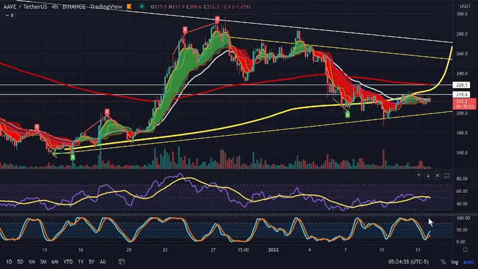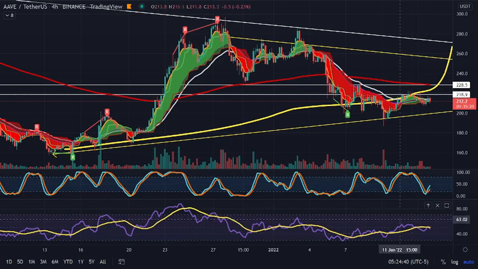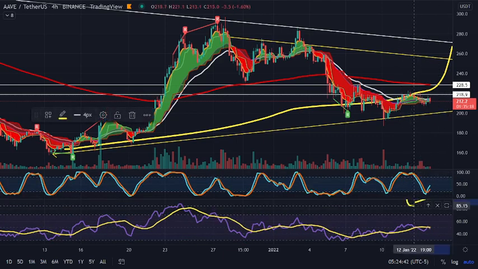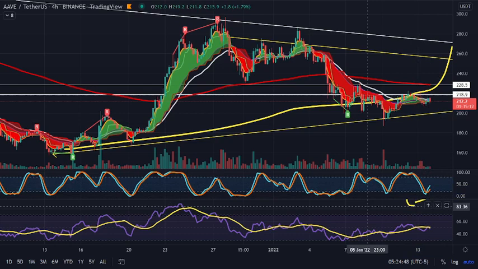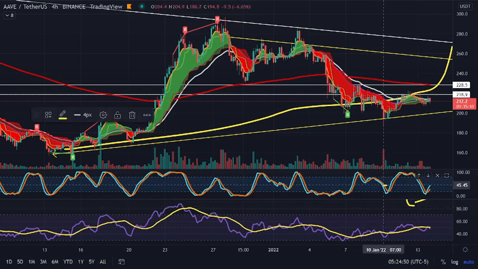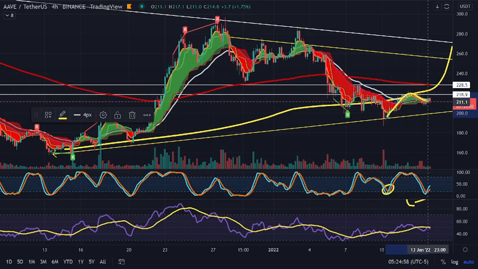And our stochastics has already crossed over there, and you can see that we're going to be moving higher. Whenever we had a crossover of the stochastics here, we had a nice impulse to the upside. So that's what I'm expecting. We have another crossover, and I'm expecting another impulse to take us higher to the 200 daily moving average.